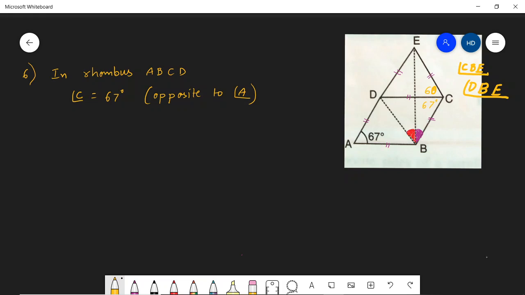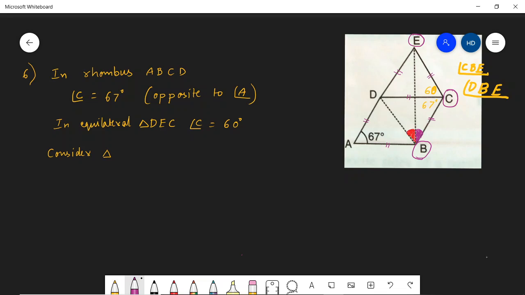And then in equilateral triangle DEC, angle C is equal to 60 degrees. Now consider triangle BCE.